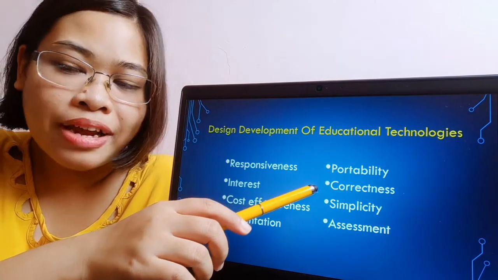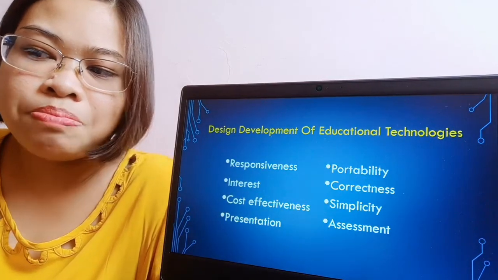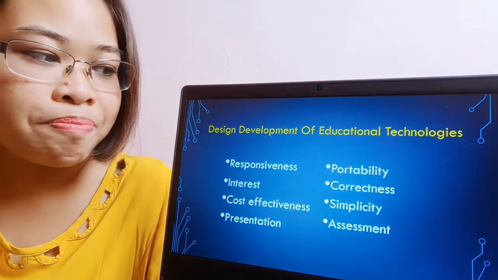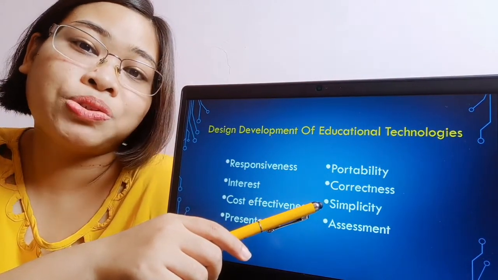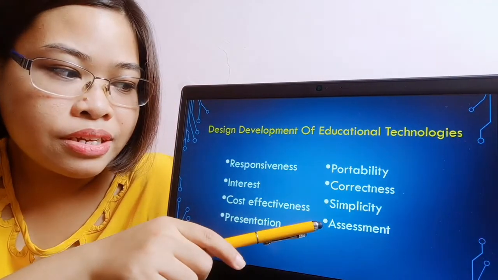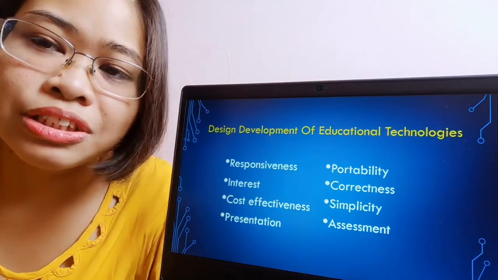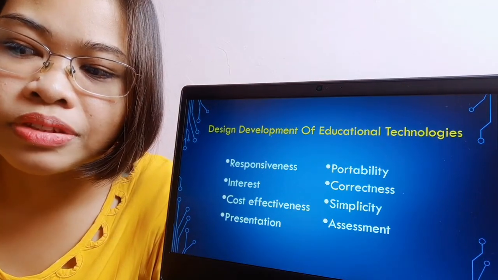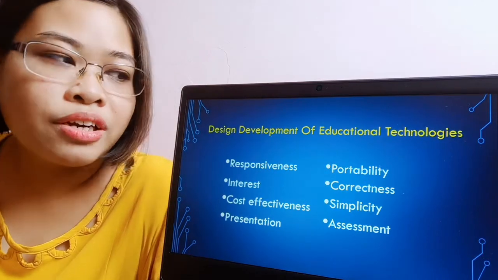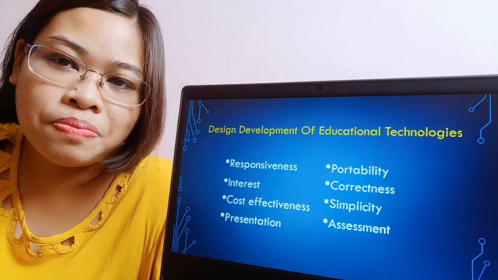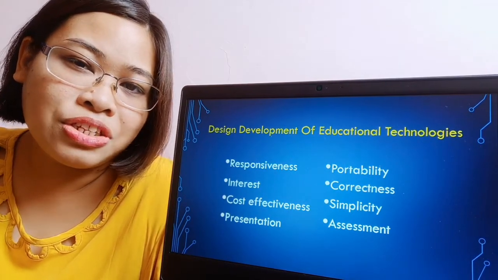When it comes to correctness, correct facts or information must be in the materials for better learning. When it comes to simplicity, they should be simple but also inspiring. And for the assessment, this is the purpose of evaluating the technology, to further revise and improve the instructional aid that the teacher will be using.